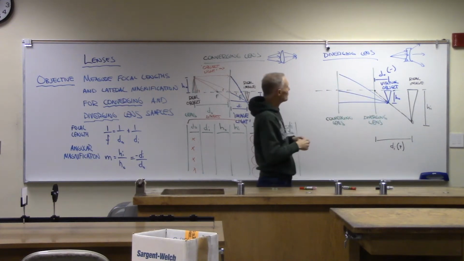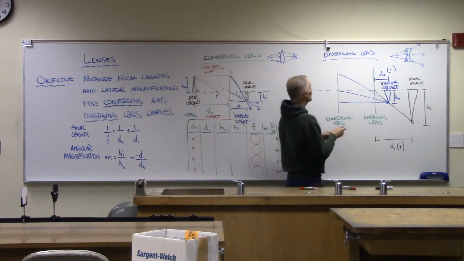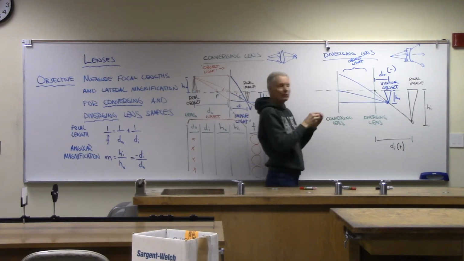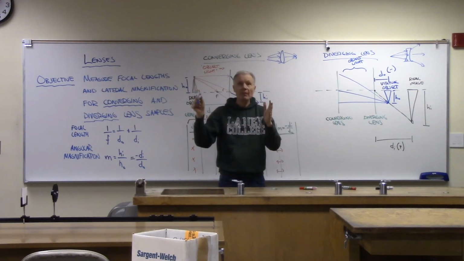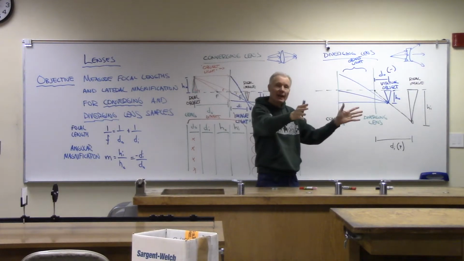Now, why is that a virtual object? It's because the light that was headed towards that diverging lens is not spreading out as it would from a real object.